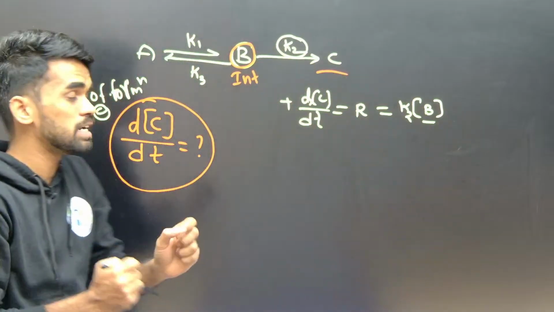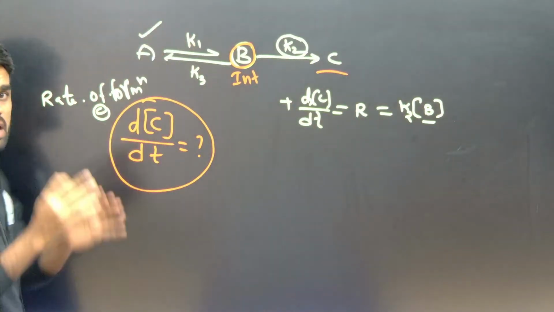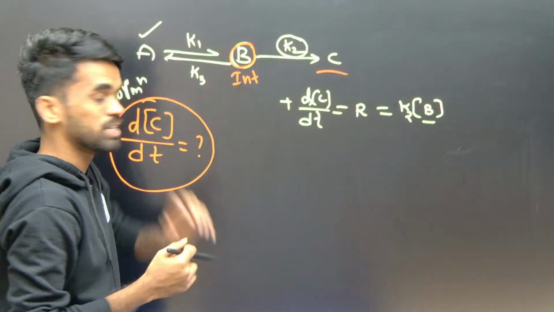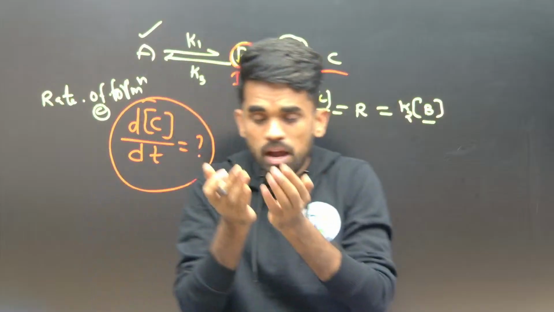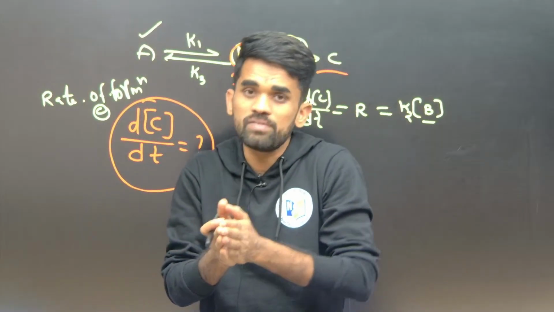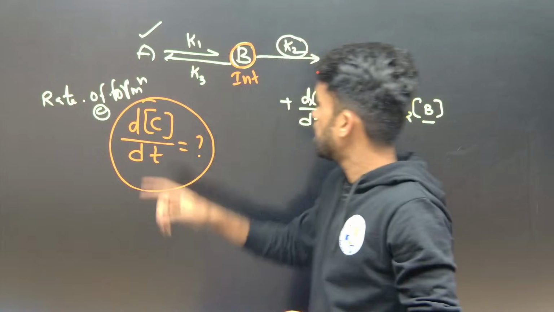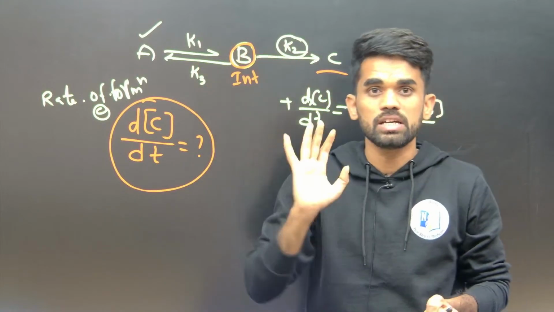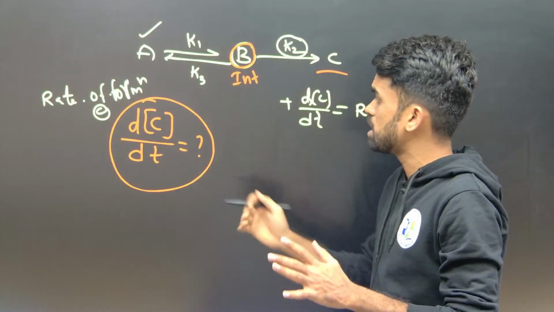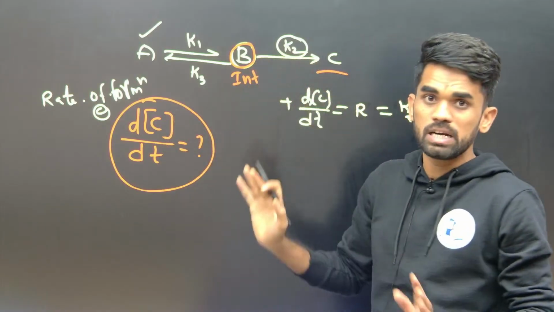It should be indicated in terms of starting material, that is reactants only, but not these intermediates, because intermediates are short-lived species. They will form at some point of time and they will disappear. So the rate of formation of this intermediate will equal the rate of deformation of that intermediate. Therefore the net change in the concentration of that particular intermediate will be 0.